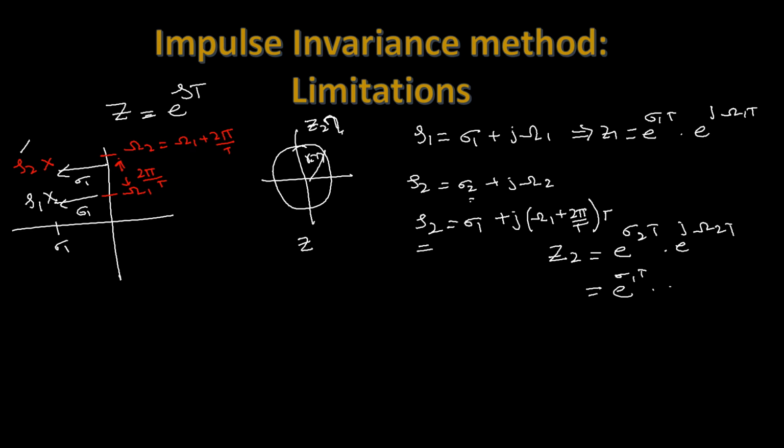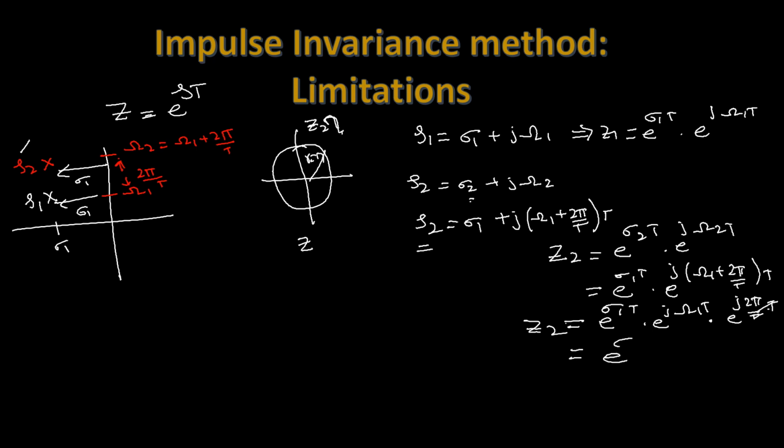And e power j omega 2 t is e power j omega 1 plus 2 pi by t, into t. If you rewrite, Z2 is e power sigma 1 t into e power j omega 1 t into e power j 2 pi by t into t. So here t cancels.